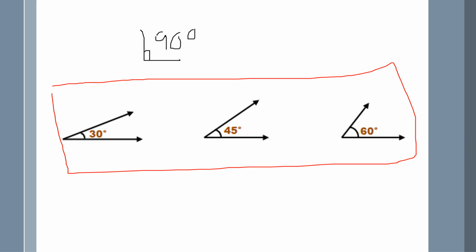These are the four most critical angles because they're going to set the tone of what you do to create all of that unit circle. So these are the four that you're going to use.